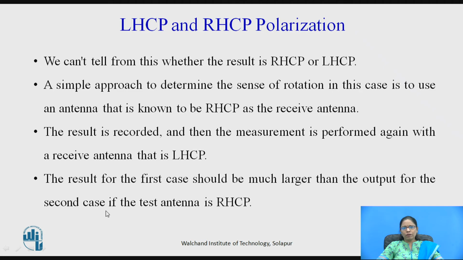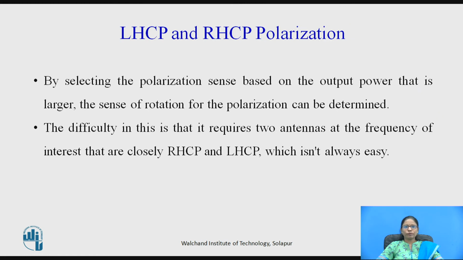If my results are lower, I can check by taking a right-hand circularly polarized antenna at the receiving end and verify whether it gives the maximum output. If it does, then my antenna is right-hand circularly polarized.